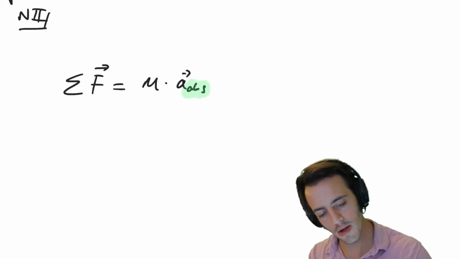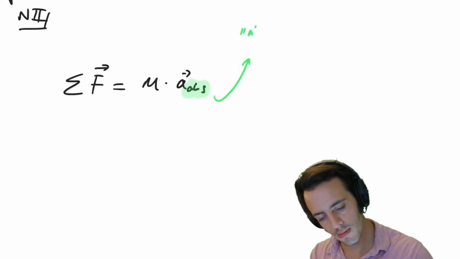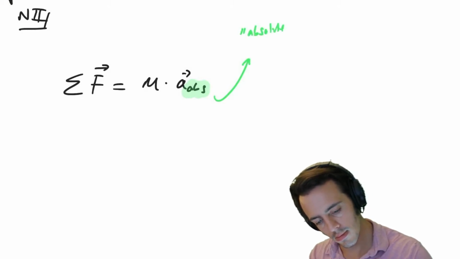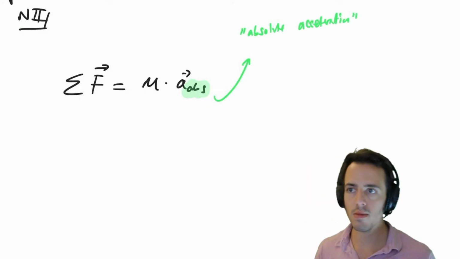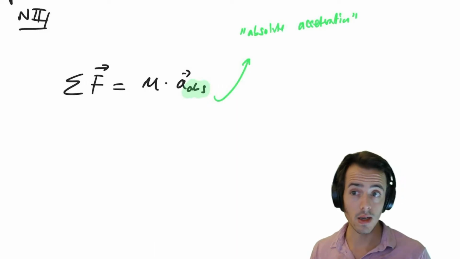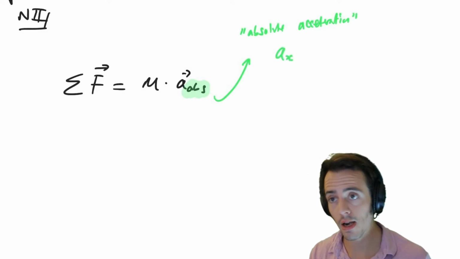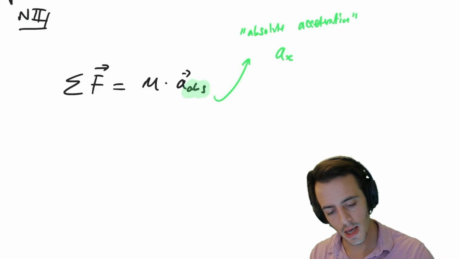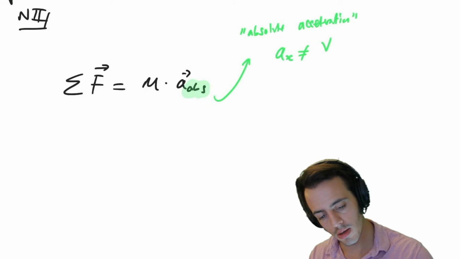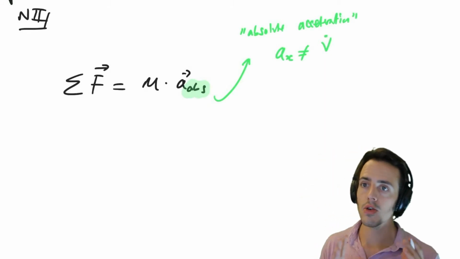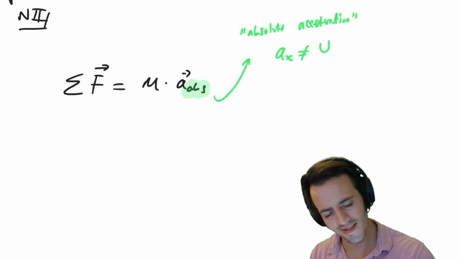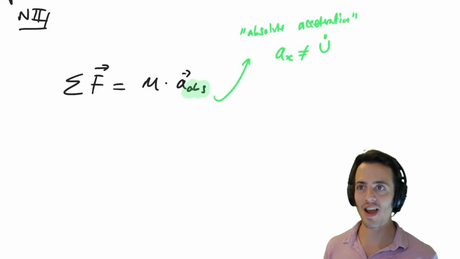So, absolute acceleration. What we're fundamentally going to show here, and what we're going to spend a lesson going over, is that the acceleration, for example the absolute acceleration in the x direction, is not simply equal to the time derivative of r; first that shouldn't be v, that should be u, of our velocity in that direction, okay?